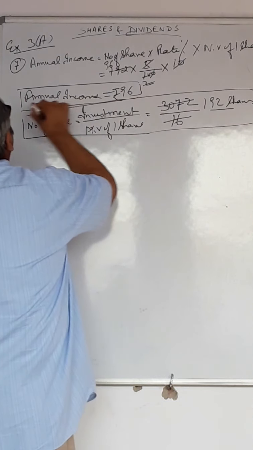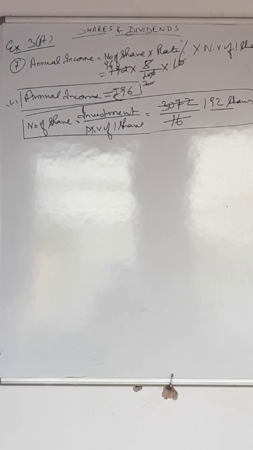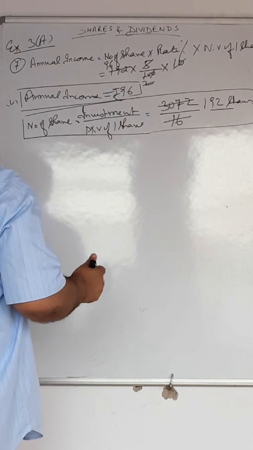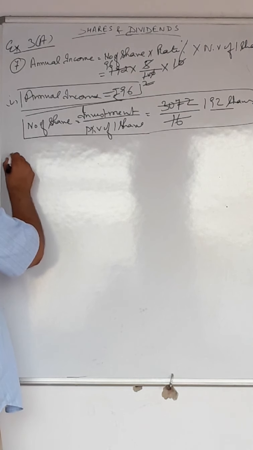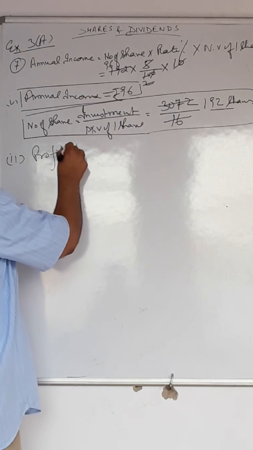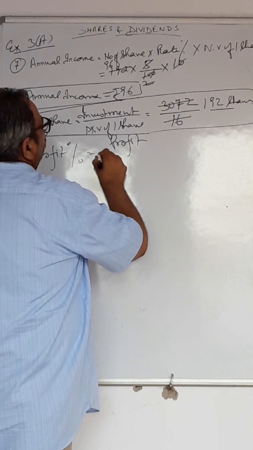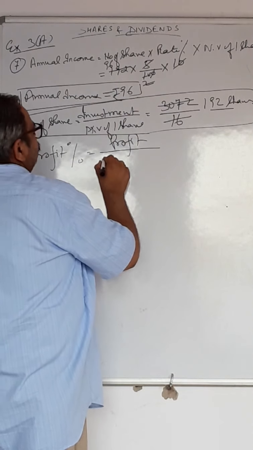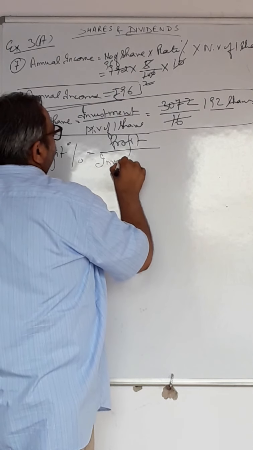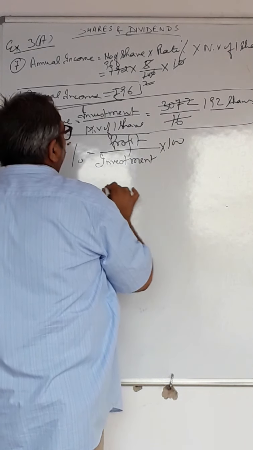Please check annual income. Now second part, his percentage income on his investment. Profit percent is profit upon investment into 100.